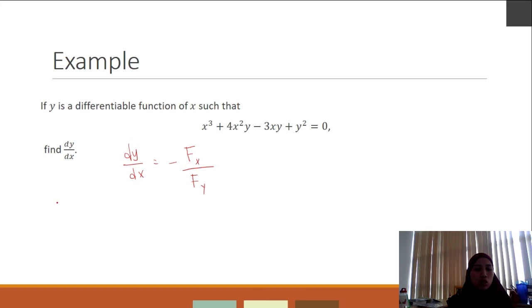So firstly, we need to find the partial derivative with respect to x, assuming that this function F is equal to 0.